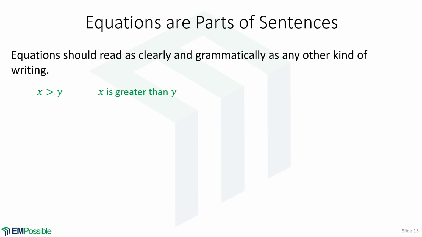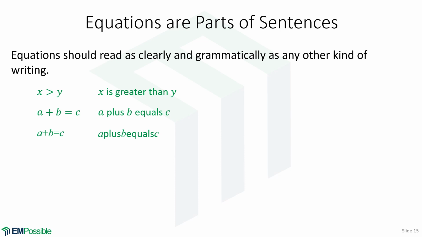Here we see X with a greater than sign and Y, but this is part of a sentence and it should be read as X is greater than Y. A plus B equals C. One thing I see a lot are people not putting spaces between things.